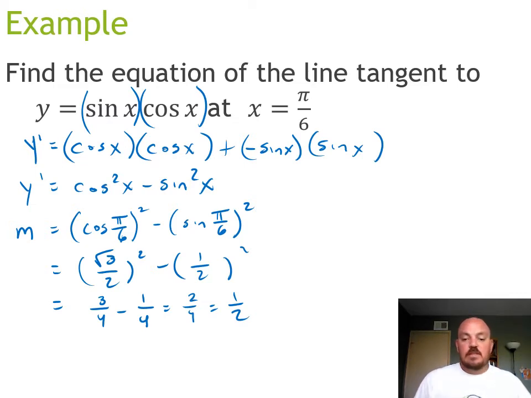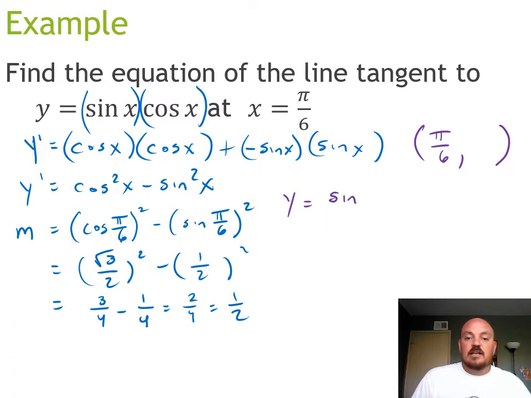Now the other thing that we need in addition to slope is a point on the line. Now I know the point is going to be pi over 6 comma something because I gave pi over 6 in the question and we just need to find the y that goes with it. So to find the y that goes with it, we're going to go back to the original question and plug pi over 6 into that.